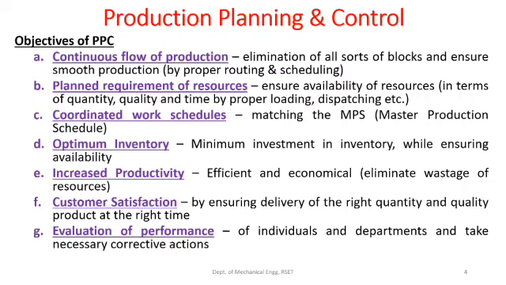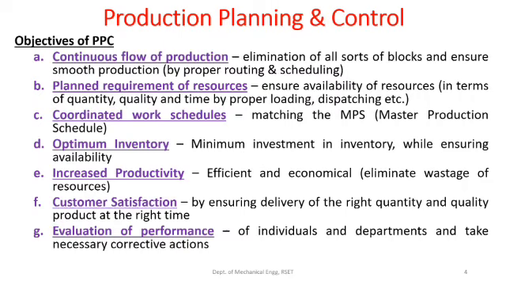So there is an optimal level of inventory that needs to be kept, where the cost upon inventory is the minimum possible without affecting your production process. So optimum inventory levels can be maintained, and you can ensure availability also by using production planning and control, because inventory control is one major aspect in production planning and control.